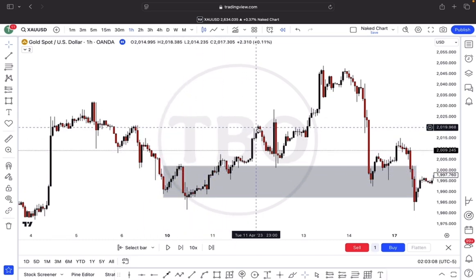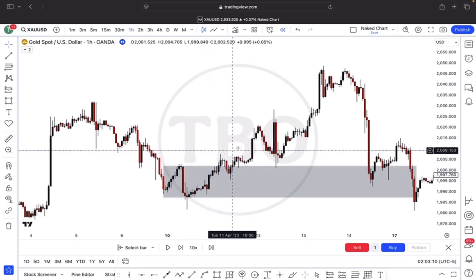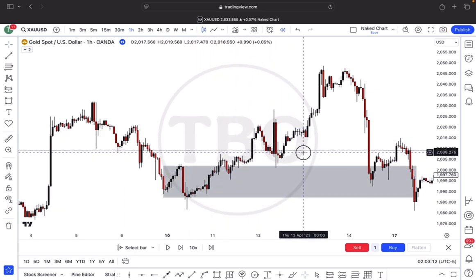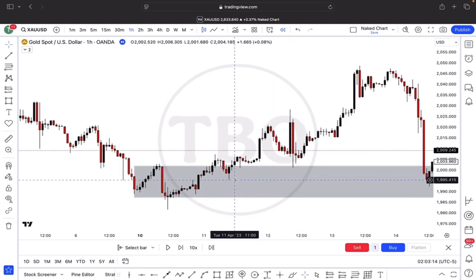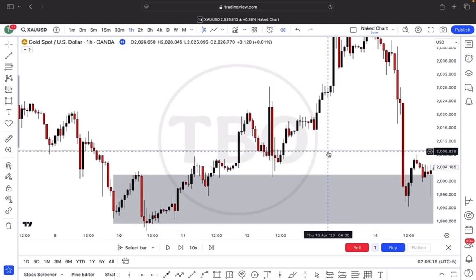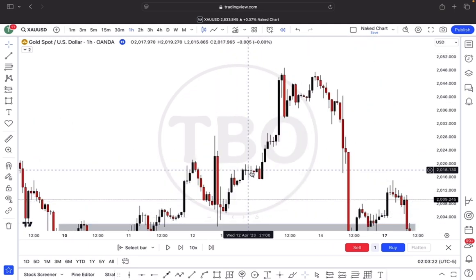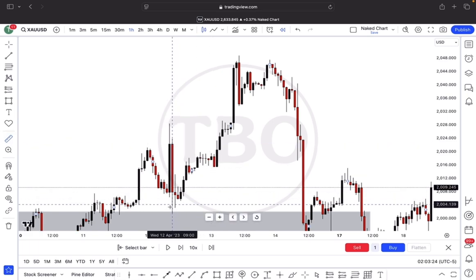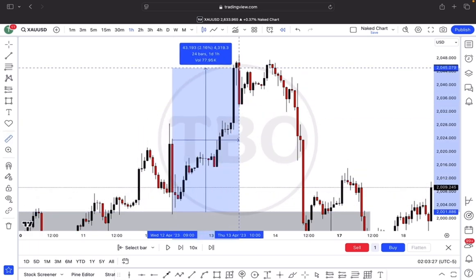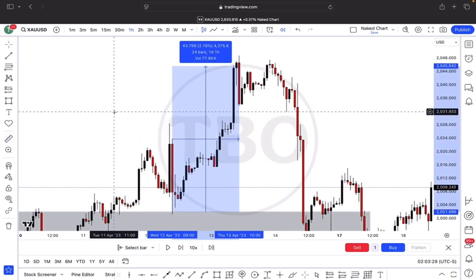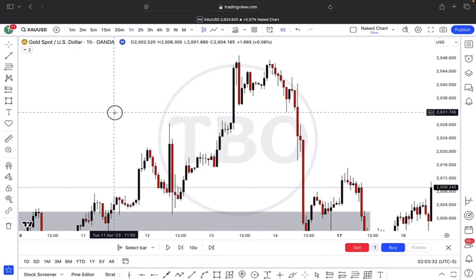Then we have the rally, which is also known as the breakout of the consolidation. And then we had a retracement, and after we got a retracement, that's where we'll look for our entry. And then after the entry, you enjoy the pips. And this was a nice move to the upside, which is 430 pips.